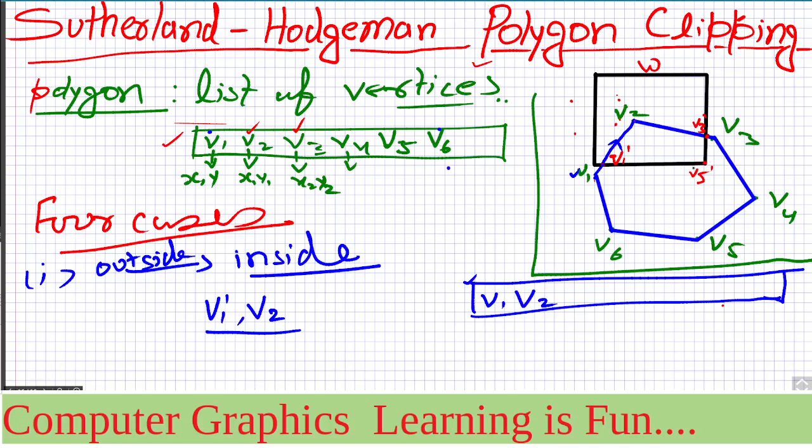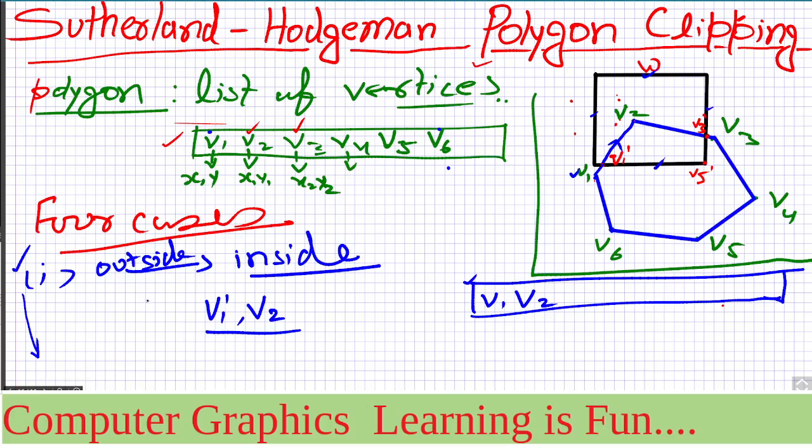Okay. Now let me repeat one thing: these four cases for the lines, we will have to evaluate with respect to one window boundary at a time. So in a way, you have to understand that these four cases we will have to evaluate four times, I should say with respect to each boundary.